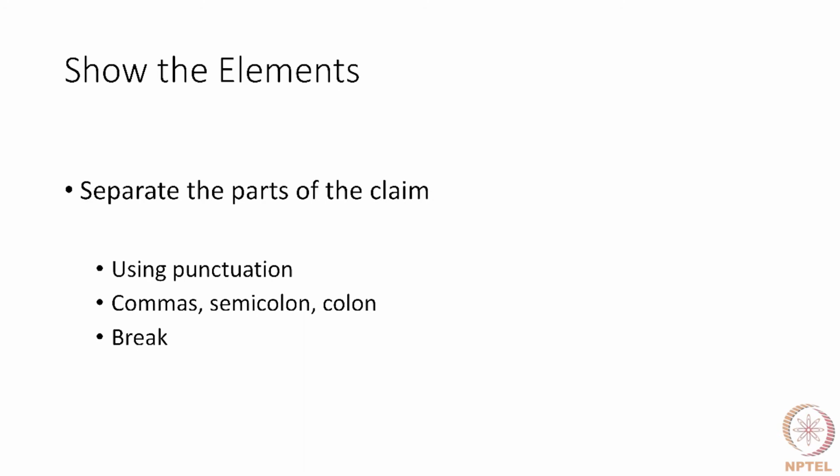Now let us just show you how comma, semicolon, colon, and break can be used to distinguish the different parts of the same claim. Now let's take the claim for a car. A car, which is the preamble, comprising, which is the transition.